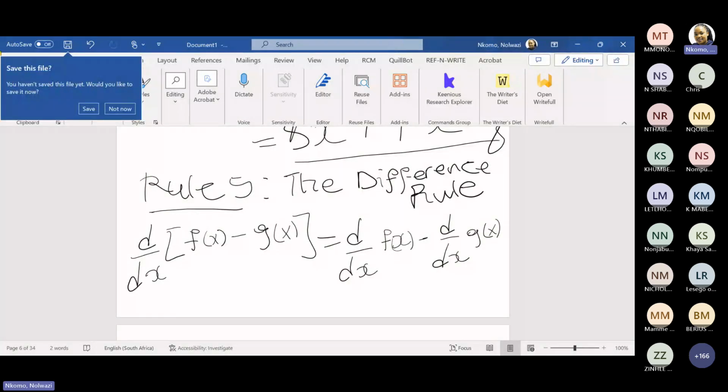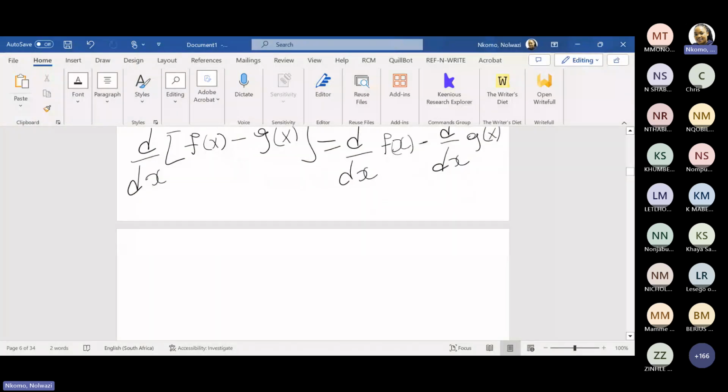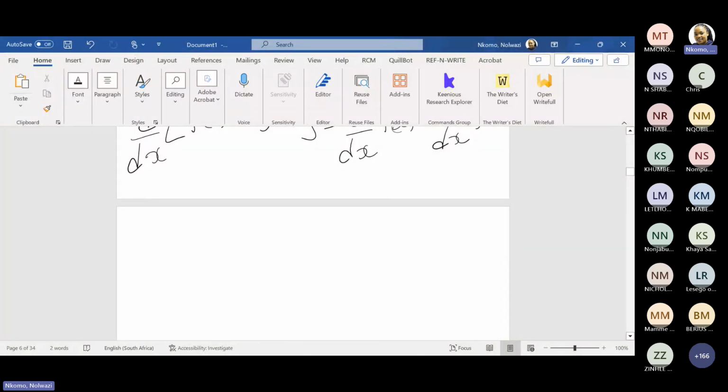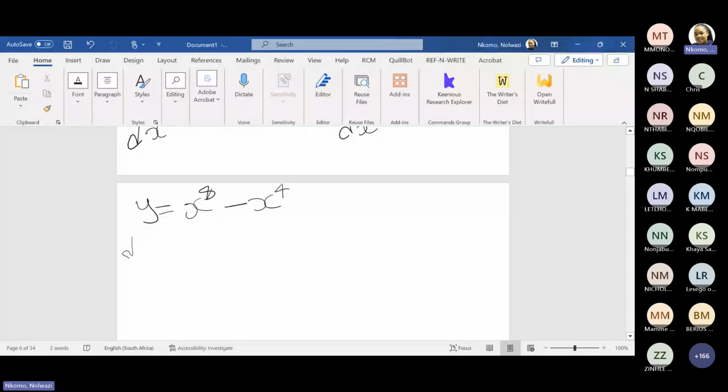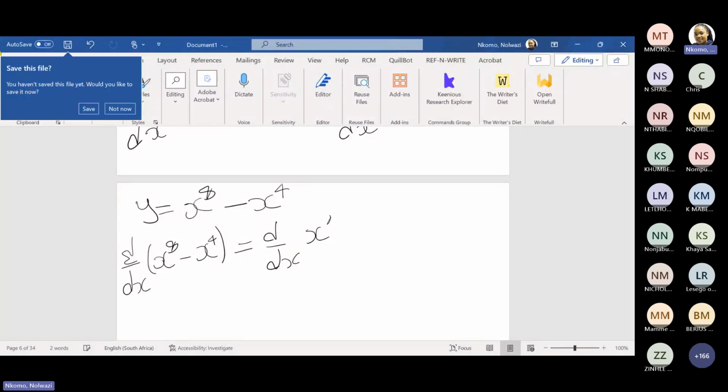Okay, let's do an example here. Again, say we have y is equal to x to the power 8 minus x to the power 4, and we are asked to find the derivative of this function. You can write this as d over dx of x to the power 8 minus d over dx of x to the power 4.